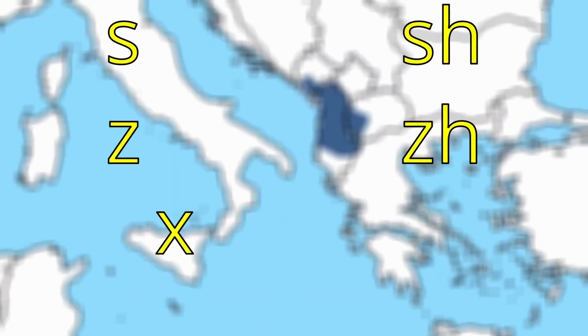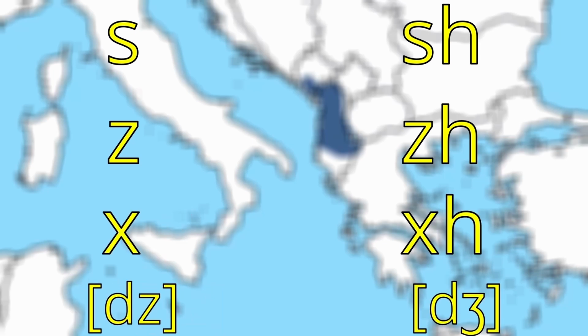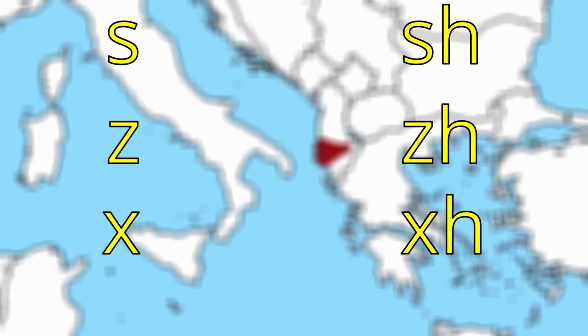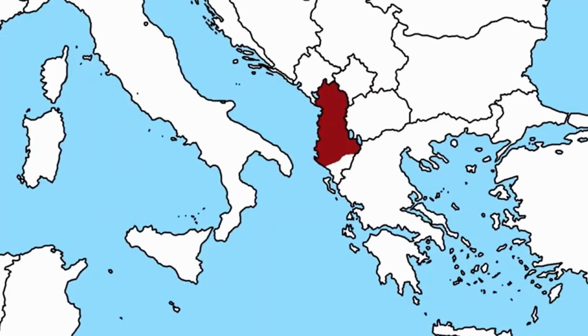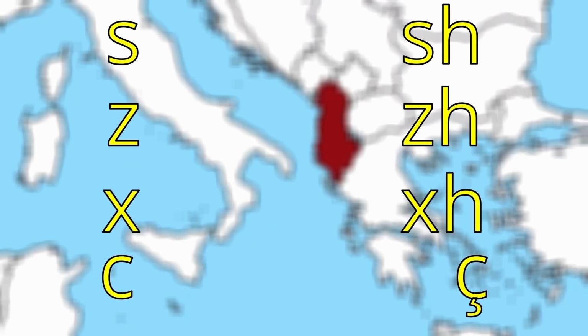One of them represents the sound Z, and the second one, with H, represents the sound J. Okay, X's are almost never used in this way, but even then this system looks pretty logical. Simple letters for alveolar sounds and letters with H for post-alveolar sounds. And then letters for the sounds Ts and Ch join this party.